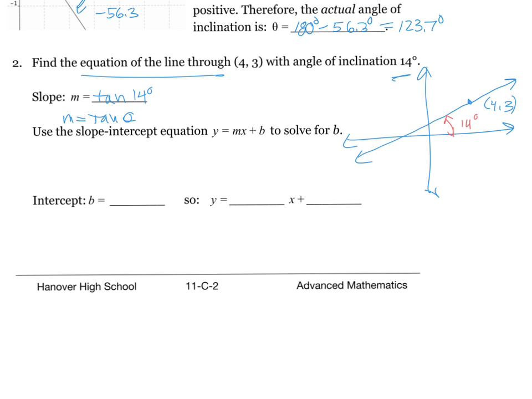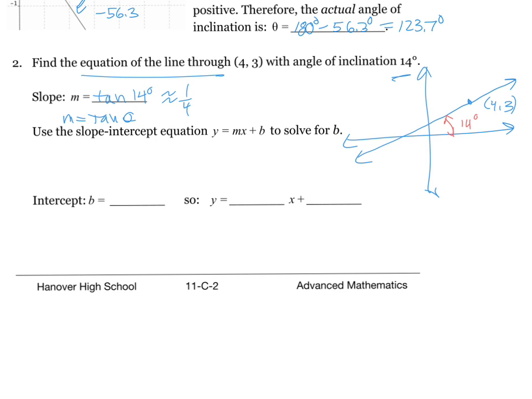Which, if you do that in your calculator, is pretty darn close to 1/4. So I'm going to call it 1/4. So rise over run is 1/4. So use the slope-intercept equation to solve for b.